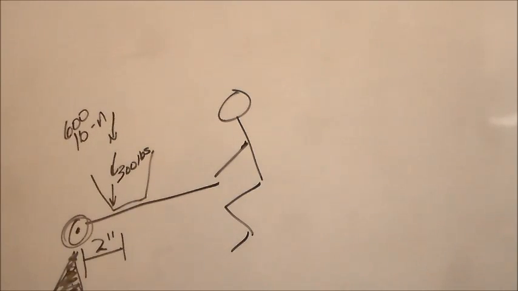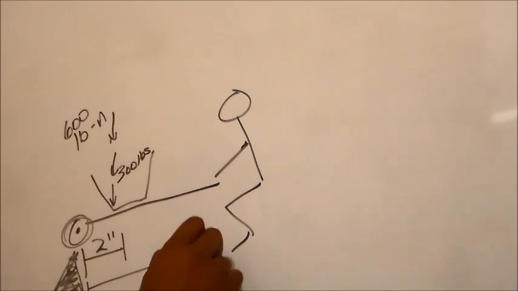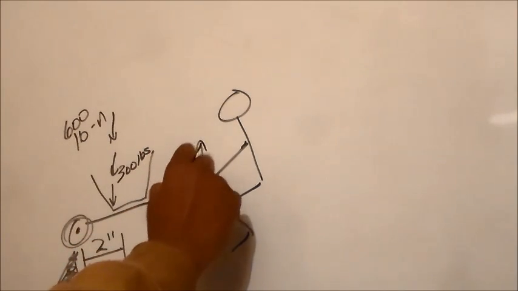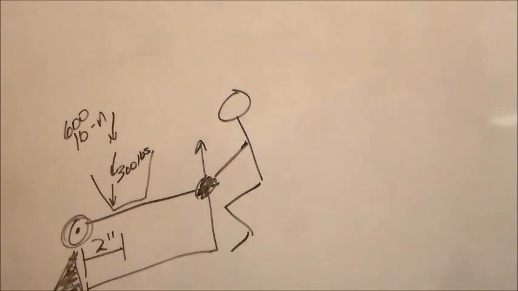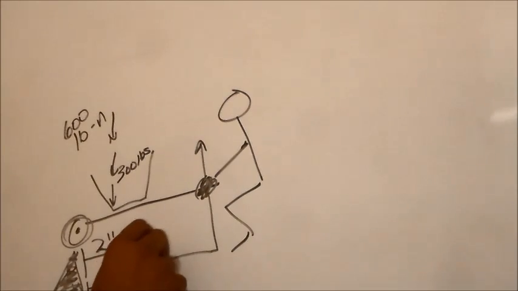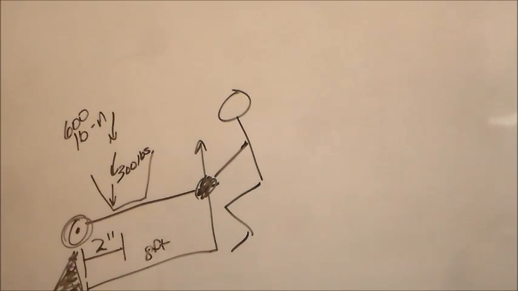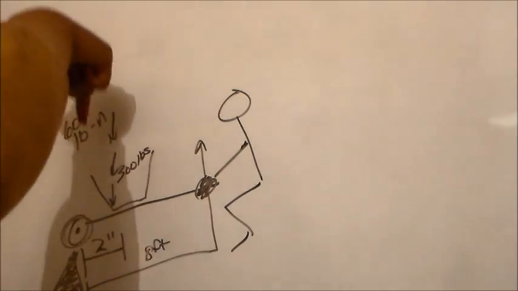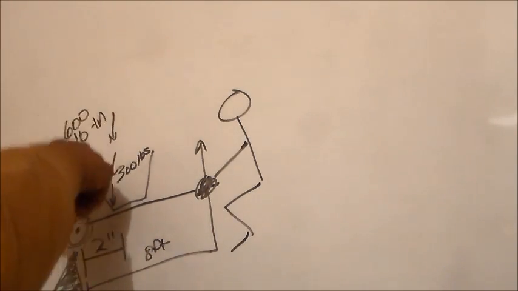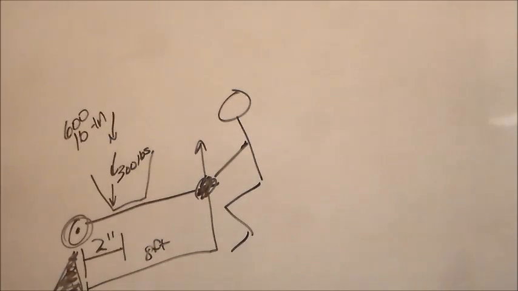Let's just say the distance from where we're actually lifting, where we have our hands on the wheelbarrow, is 8 feet. At this point we have 600 pound inches being pulled down by gravity, and our machine is actually going to help us carry this load.